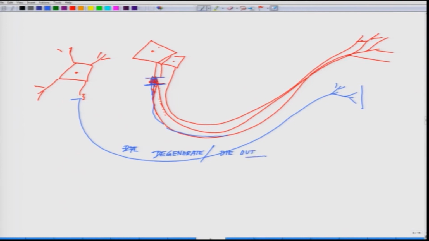So, sooner we could make such a repair, or allow this neuron to extend this process further as a repair and really set the target.